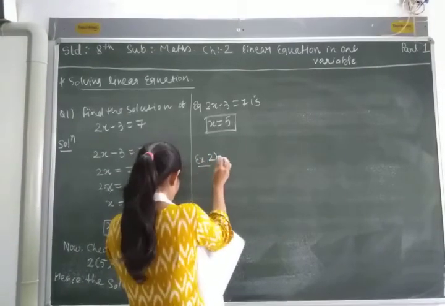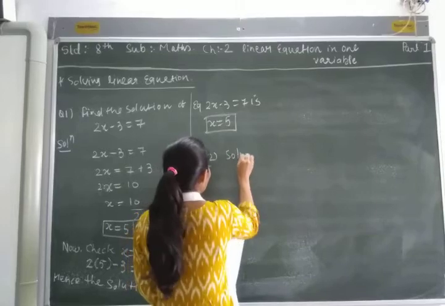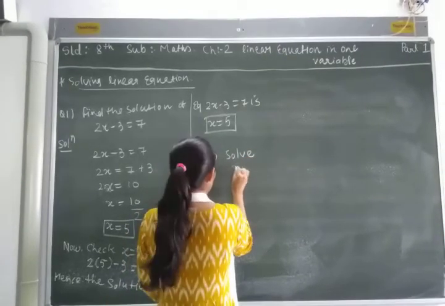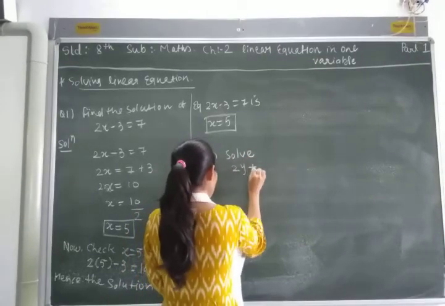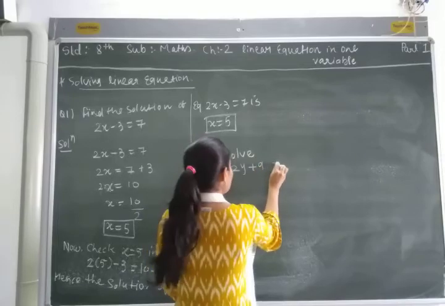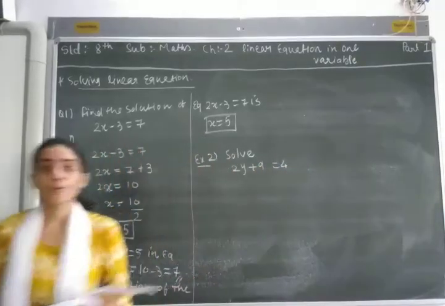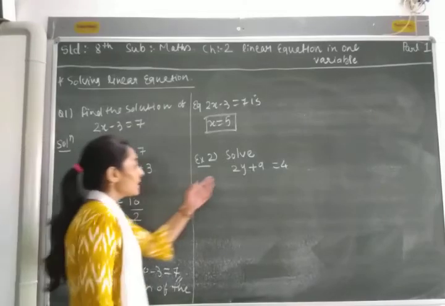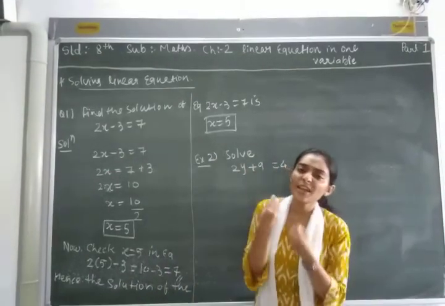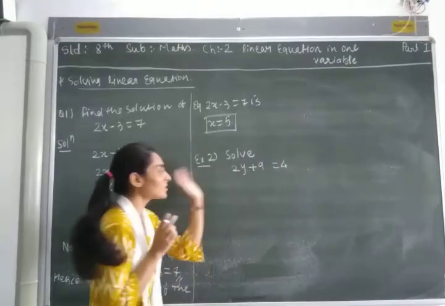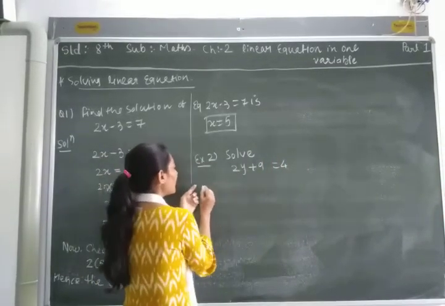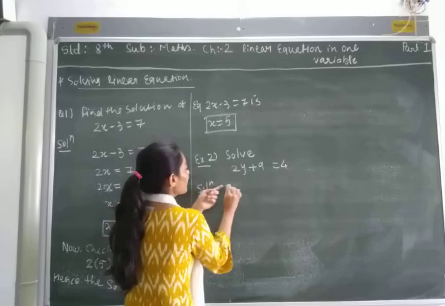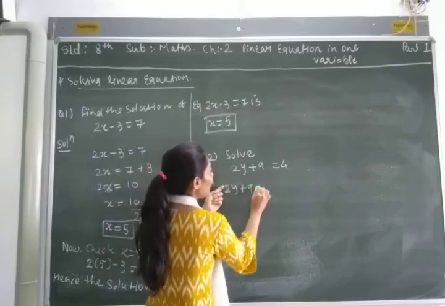Now take one more example. Example number 2. Solve 2y plus 9 equals 4. Now, just separate this variable from the constant numbers. So 2y plus 9 equals 4.